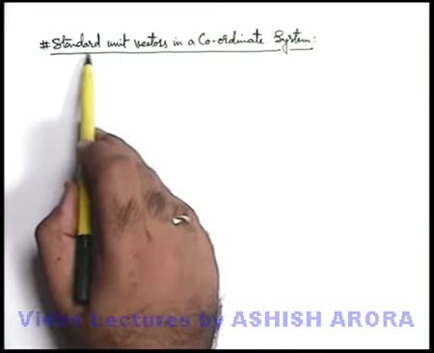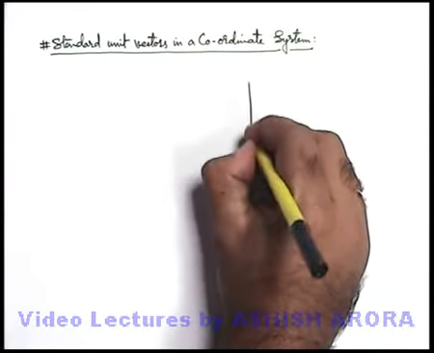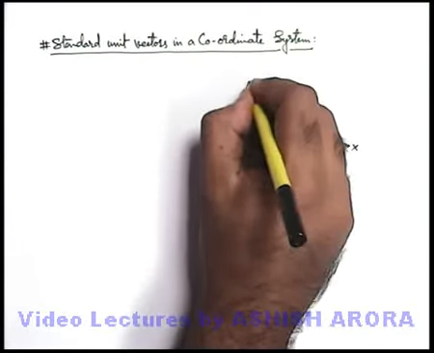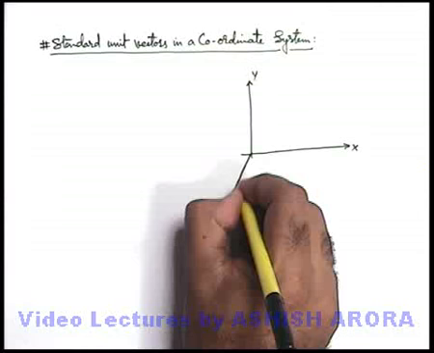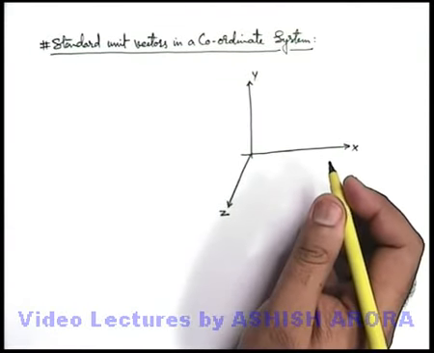Now we define standard unit vectors in a coordinate system. We just talked about a general three-dimensional coordinate system having x-axis, y-axis and z-axis, which are mutually perpendicular to each other.